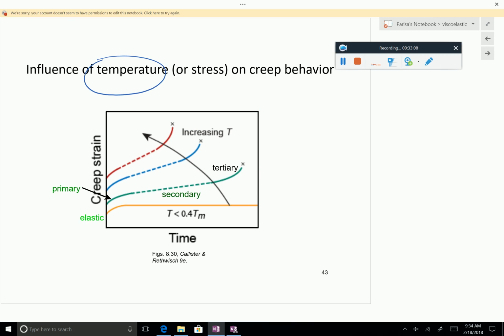So we have done many examples about changing the temperature, and you can see that if you change the temperature, this slope is going to increase, so you are going to get more and more deformation, and the rupture, the creep failure, will happen sooner because you reach a higher level of strain sooner. You had seen this before, but I thought it's good to bring everything together.